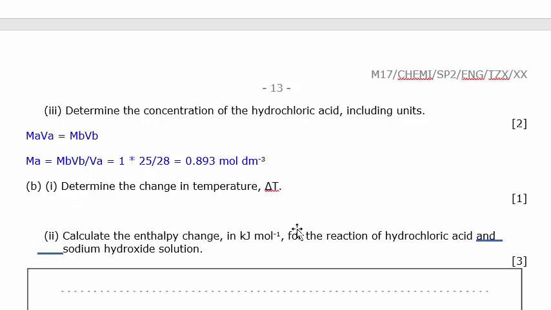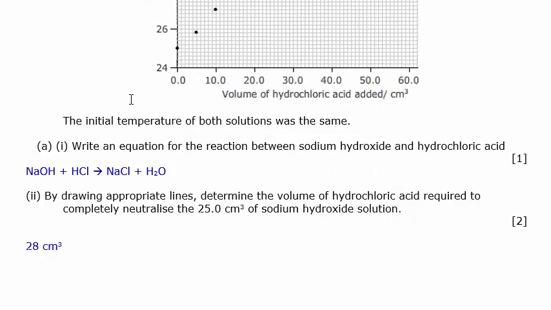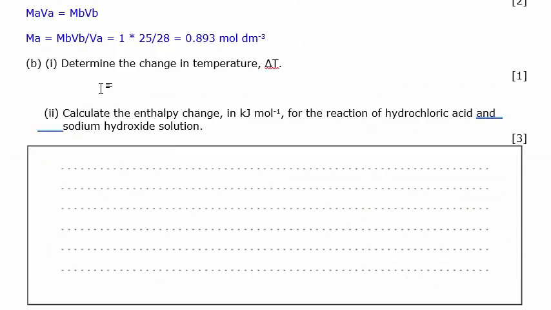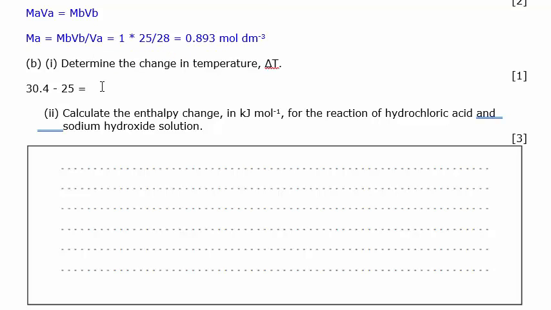Determine the temperature change. Well, we said it went up to 30.4, started at 25, so the temperature change is 25 minus 30.4. Is that right? Not really, it should be the other way around, shouldn't it? 30.4 minus 25, not difficult, it's 5.4 degrees. 5.4.